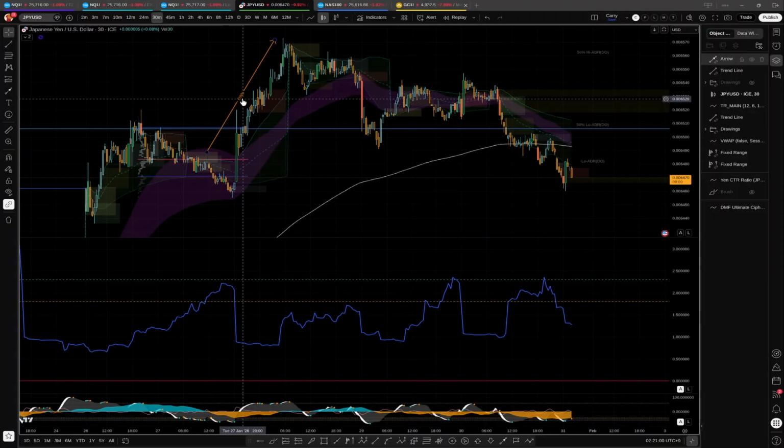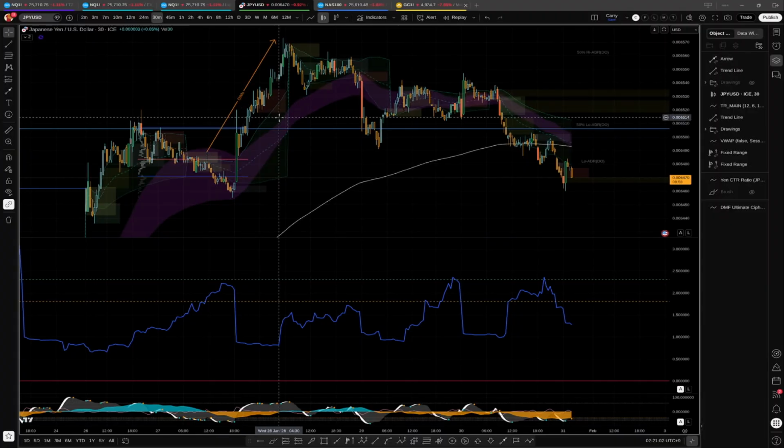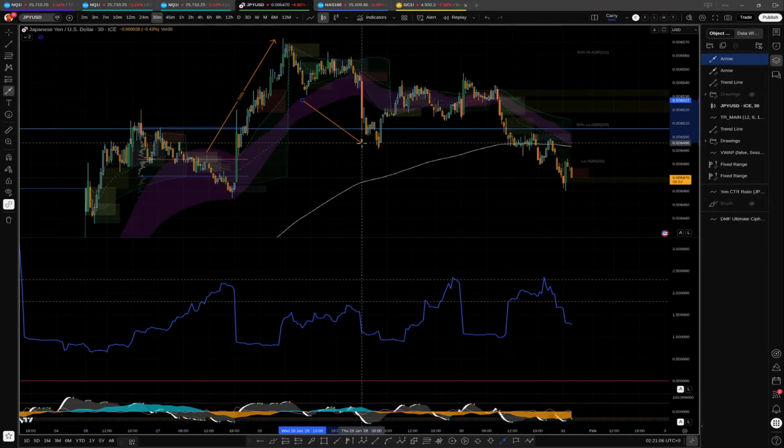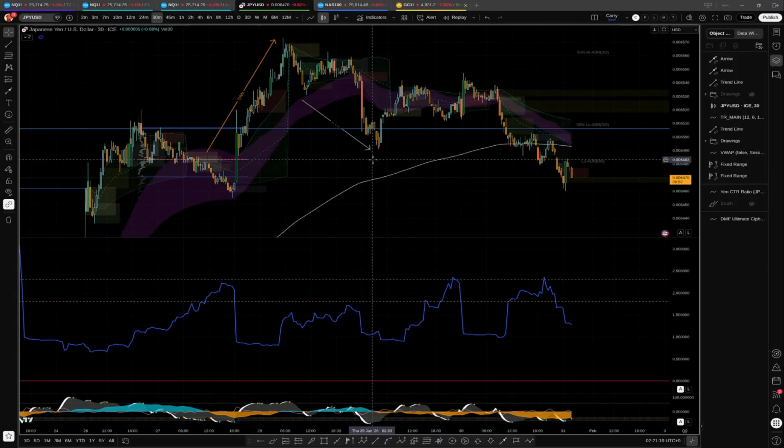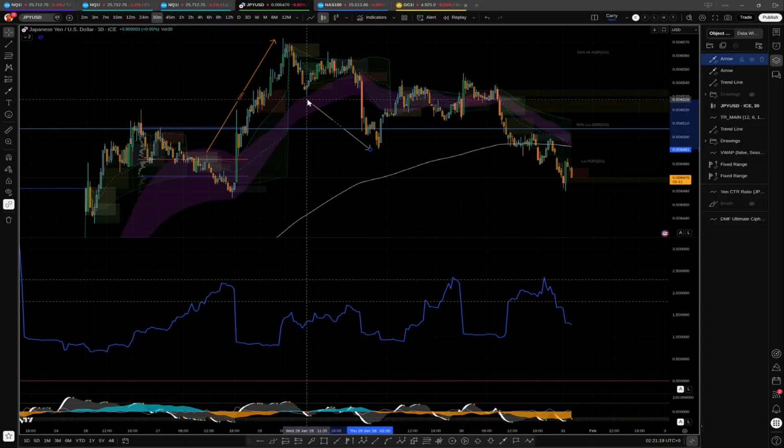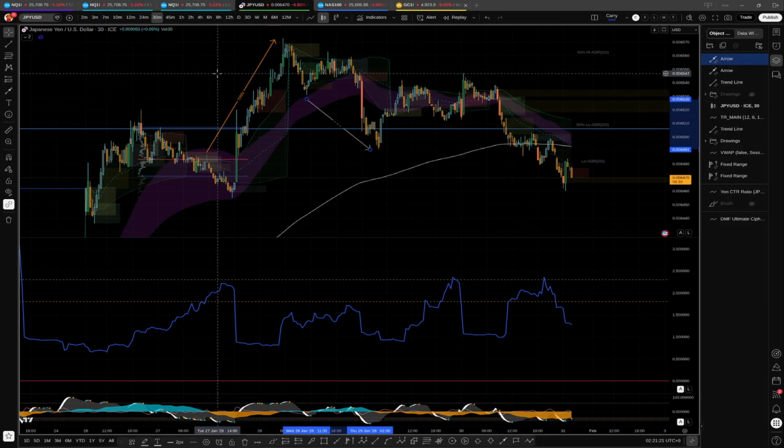Now, you might ask, what happens when price moves down and CTR also moves down? Nothing. Generally, I would consider that neutral. That could mean that price is going to range. It could mean many things, most of which are not very actionable.